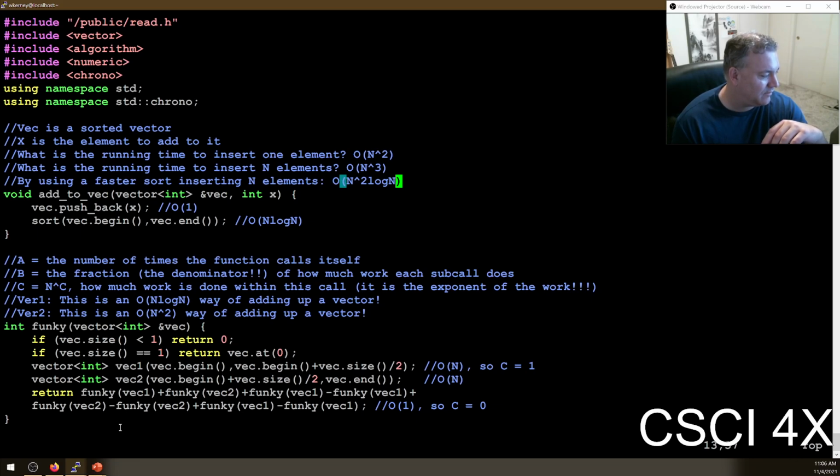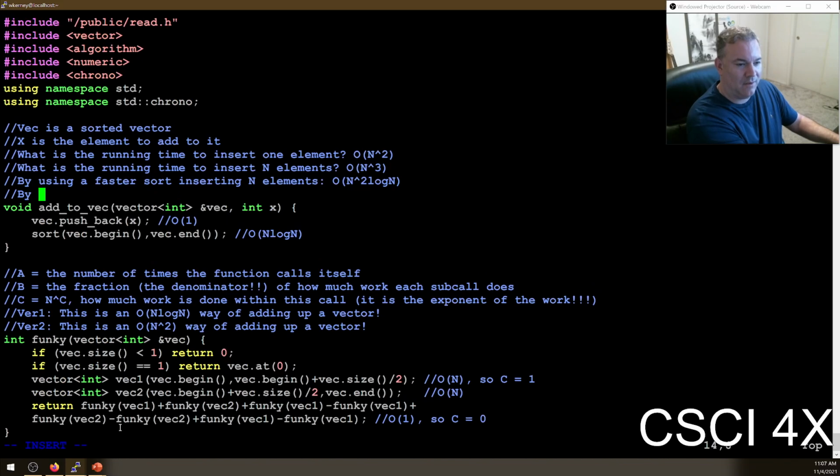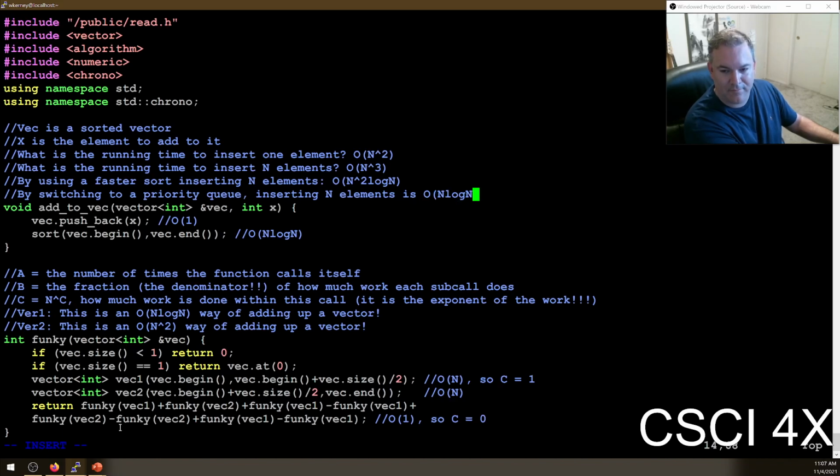I mean, you can use a different data structure that auto sorts. Yes, you can. And so by using a priority queue, which is a queue that sorts things by their priority, it's always sorted all the time, then the running time drops to n log n, right?